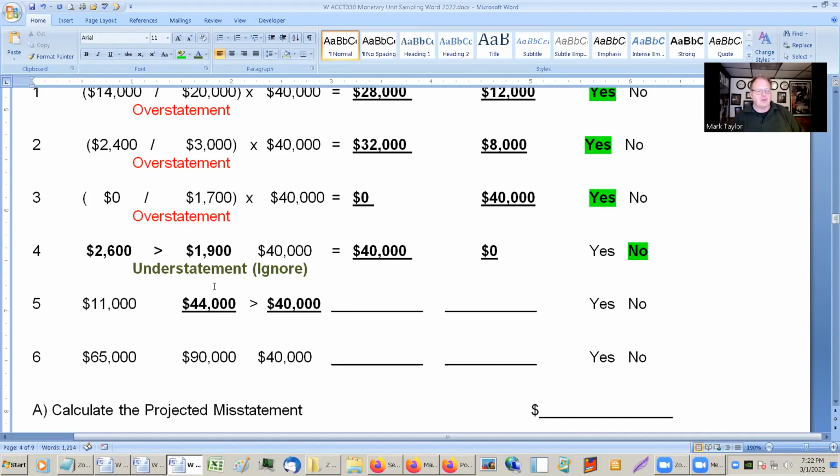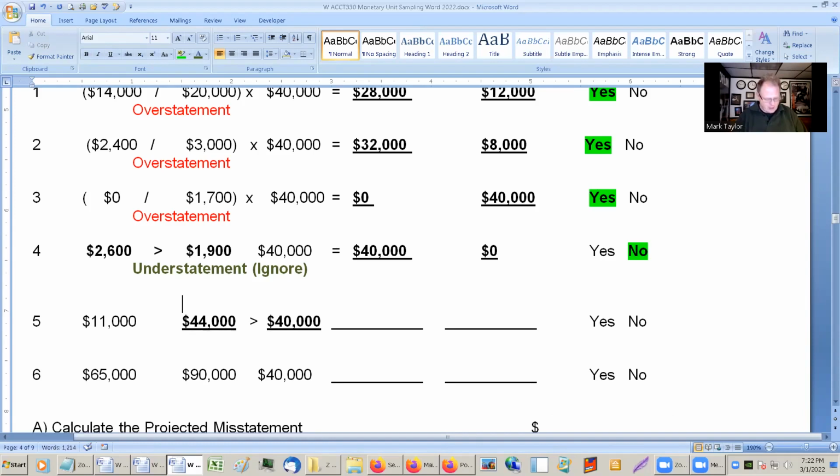This is the book value, and this is the interval. I gotta redo this one.